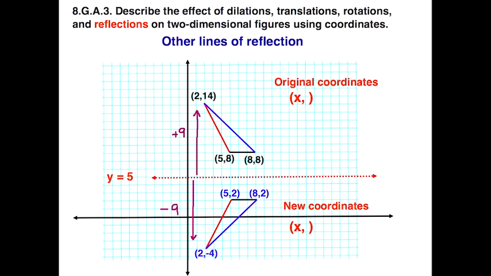So now let's look at the y coordinates. We have our line of reflection being y equals 5. For that one pair of coordinates, one is 9 away in one direction, one is 9 away in the other direction. We're 3 away on this set, and we're 3 away from the line of reflection in that set, just in opposite directions. So here's how we state that algebraically.